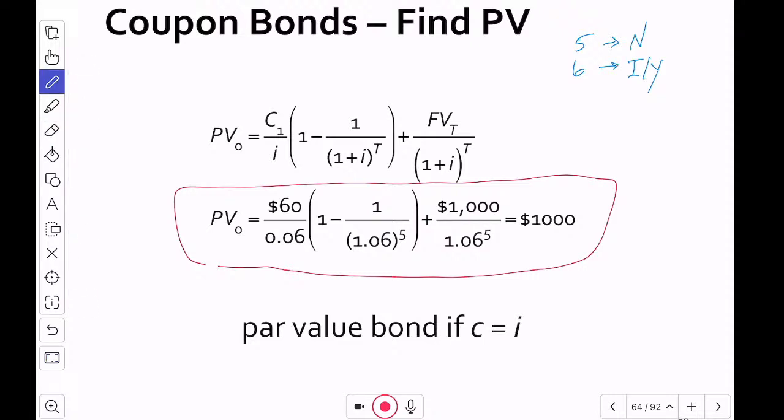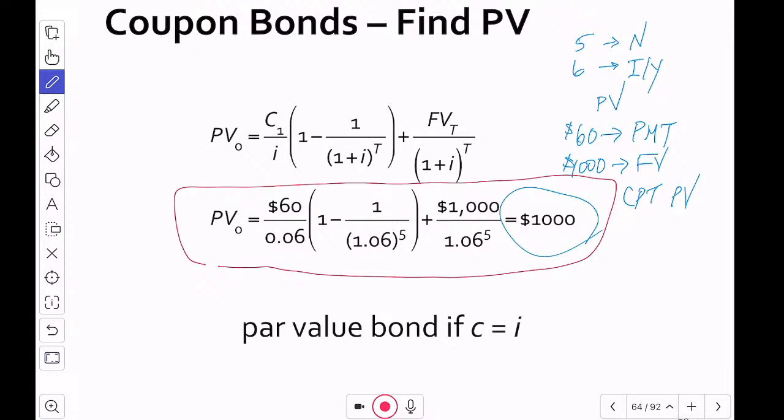For PV, you don't know what that is, so you leave that blank. Then you put $60 for your payment, and you're getting that, so it's positive. And $1,000 for the face value, and that's positive, and you compute PV, and what you will find is you get 1,000. Does anybody have a problem with that?